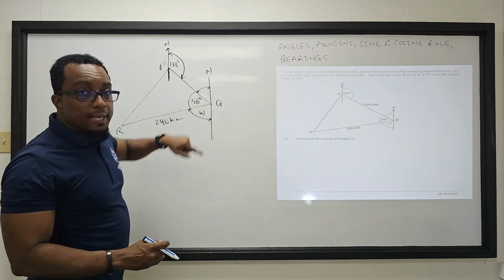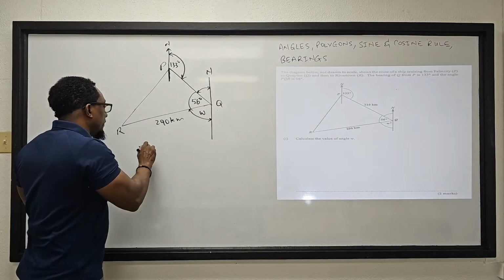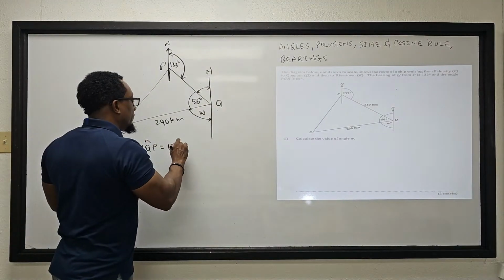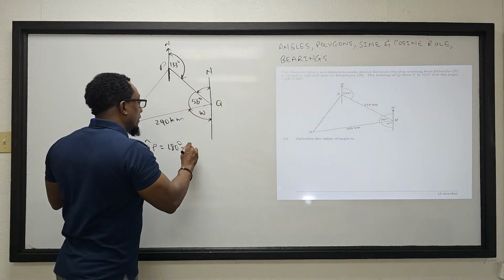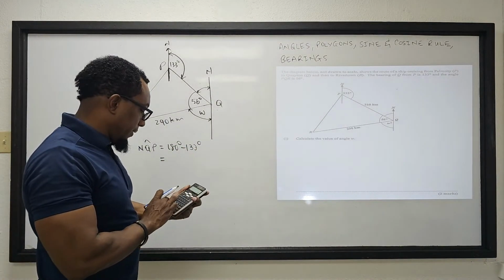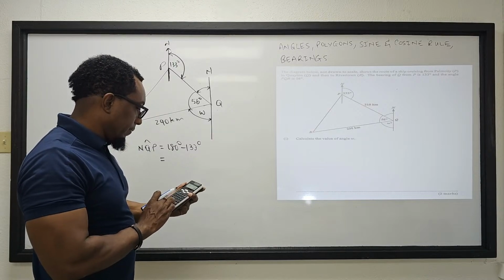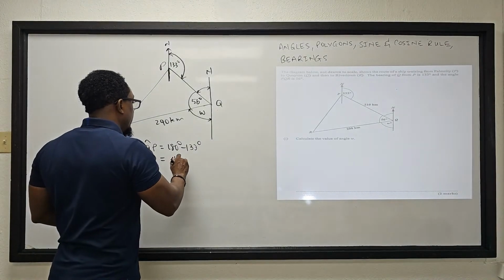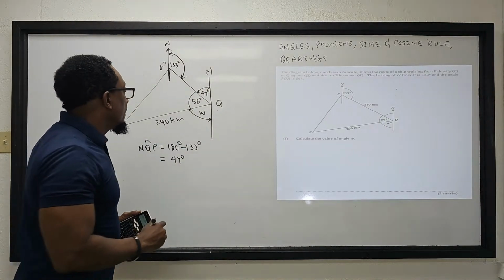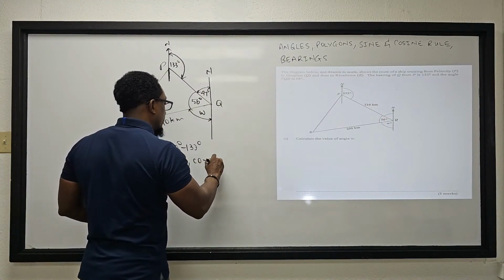Angle NQP is equal to 180 minus 133 for co-interior angles. 180 minus 133 will give us 47 degrees. So this angle here is 47 degrees. I'll use co-interior angles.